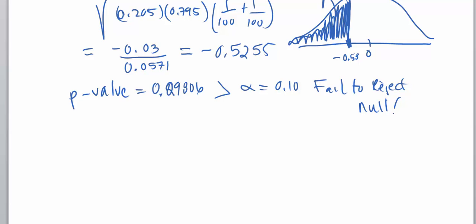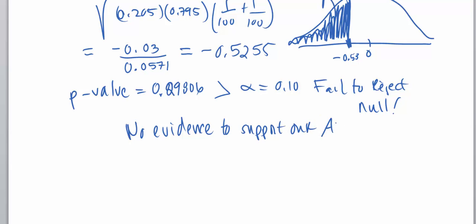If we were to write out a conclusion, we would say that there's really no evidence to support our alternative hypothesis. Again, the alternative hypothesis was that car B did better than car A in the crash test, and it essentially just didn't have enough evidence for that. The proportions are too similar.